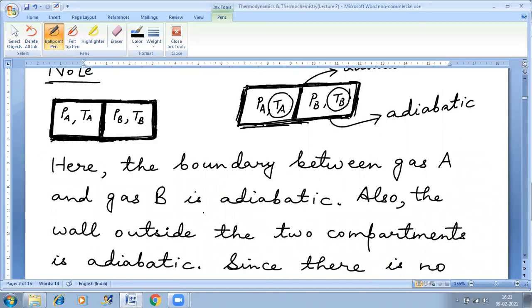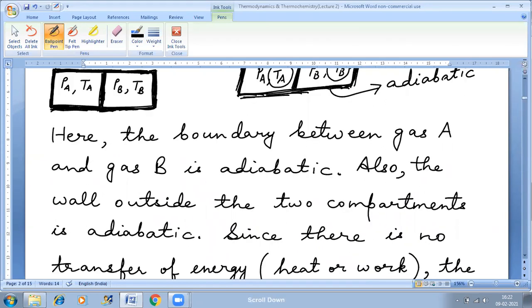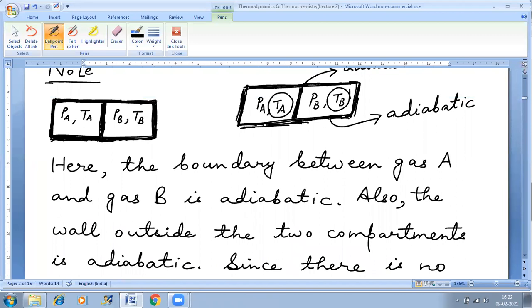So TA remains constant, PV also remains constant. And so I say that this entire system is in thermal equilibrium. No transfer of heat or work takes place through any of these boundaries.